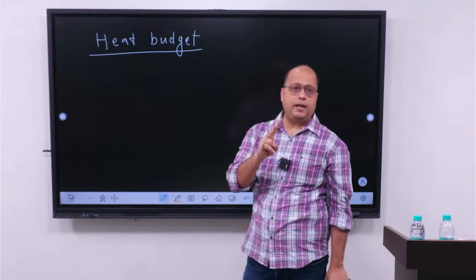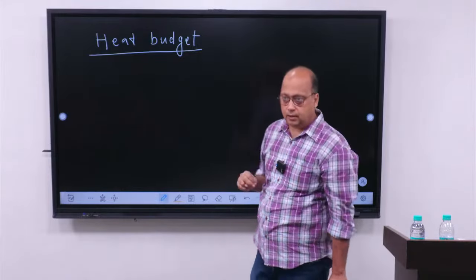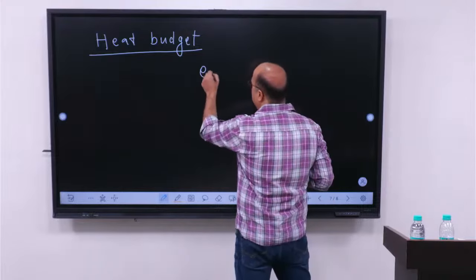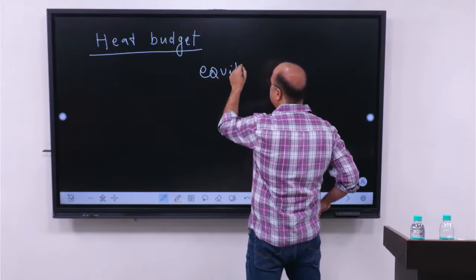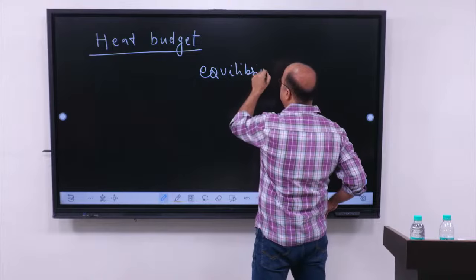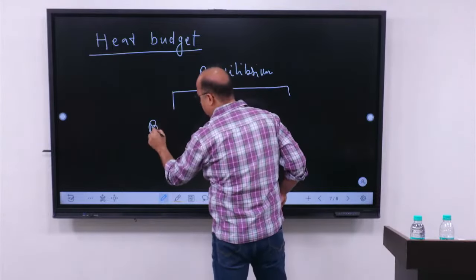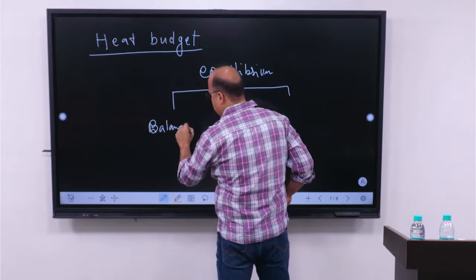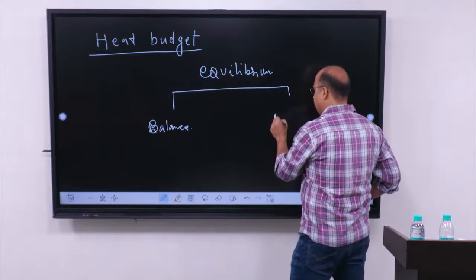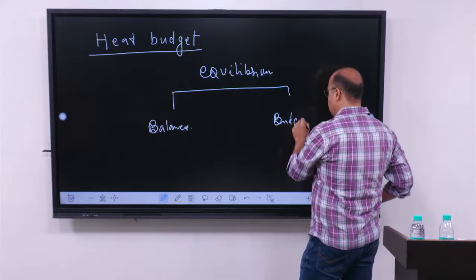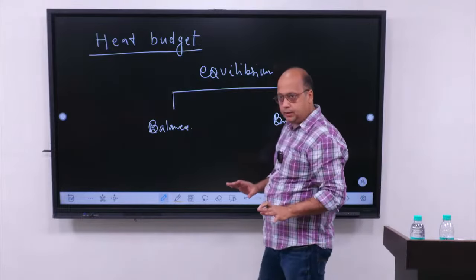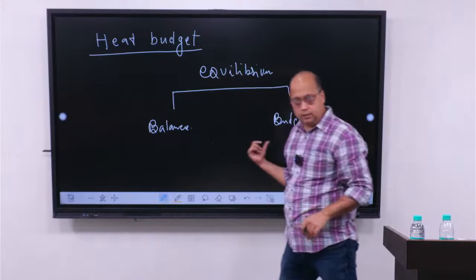Now there are two ways we can have an equilibrium. So equilibrium happens when we have things balanced, and budget. The equilibrium can be studied in two ways, na? Balance and budget.